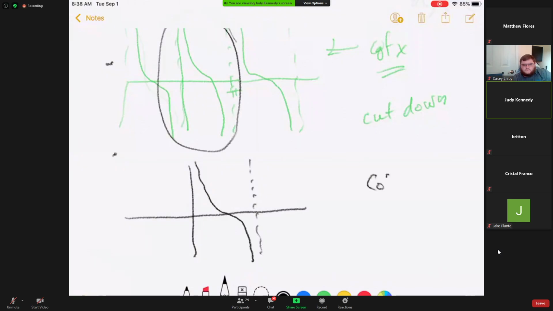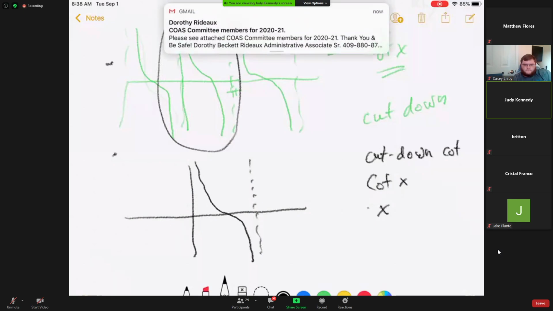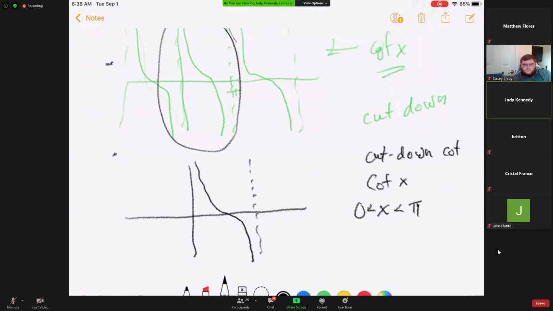So cotangent x, this is the cut down cotangent, which I'm going to call cap cotangent. That is defined on the interval 0 less than x less than pi.